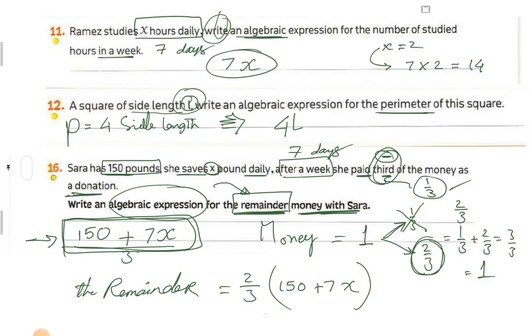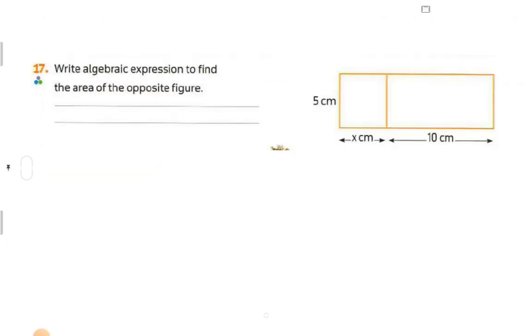Okay, now write an algebraic expression to find the area of the opposite figure. We have a figure here. We have a square and we have a rectangle. We need to find the area of the total figure, the big one.